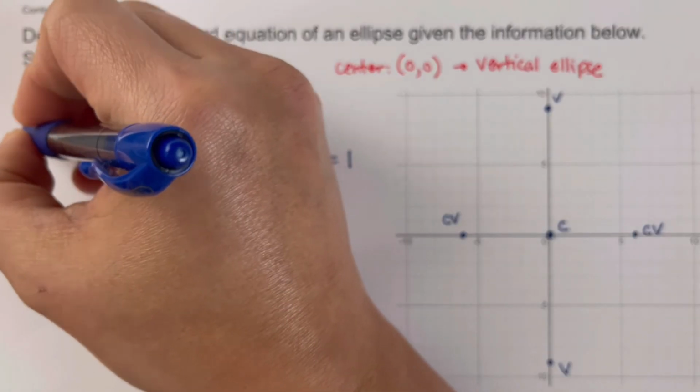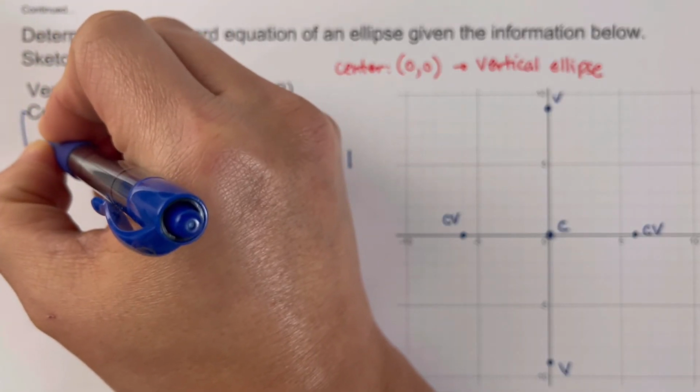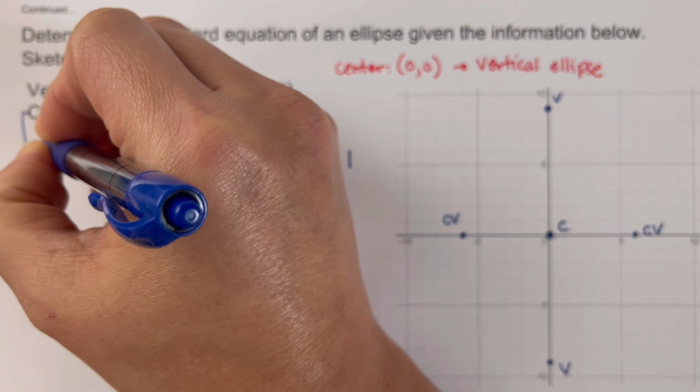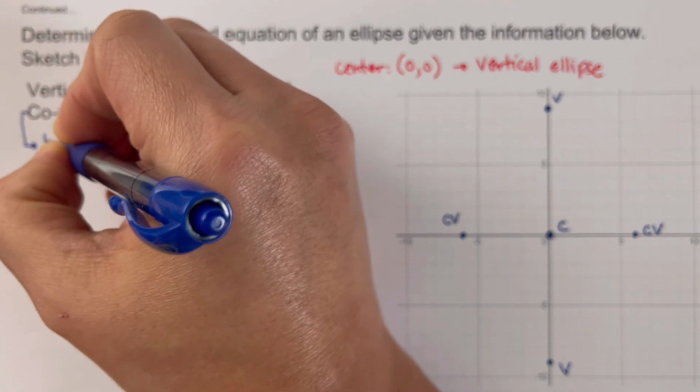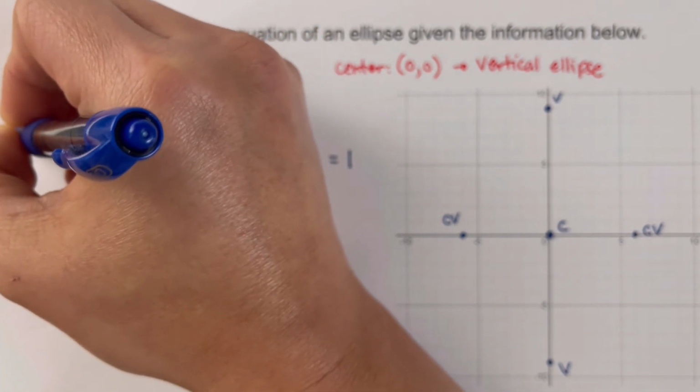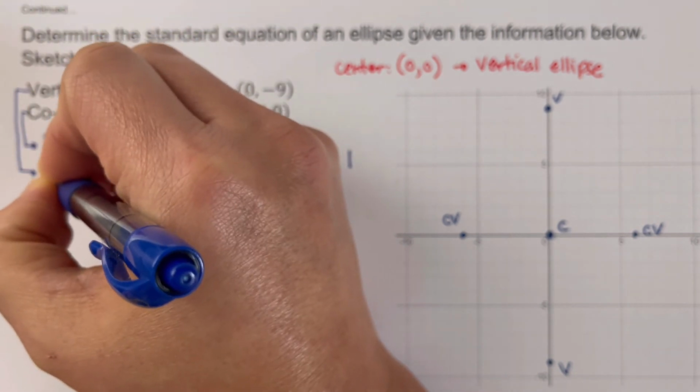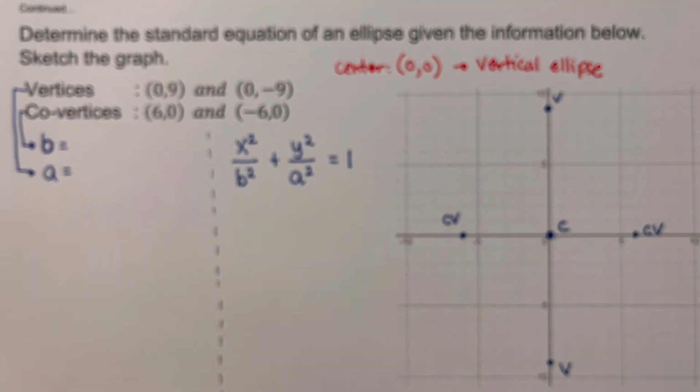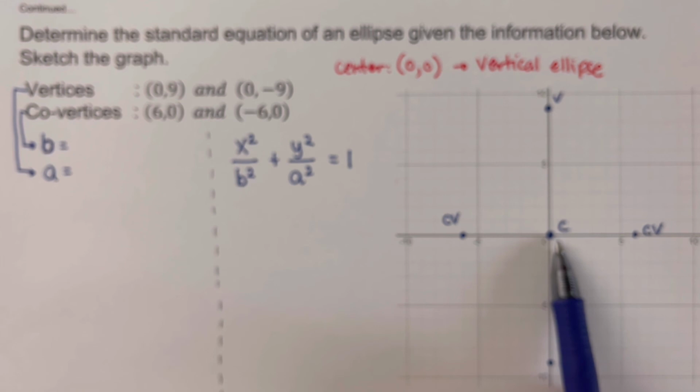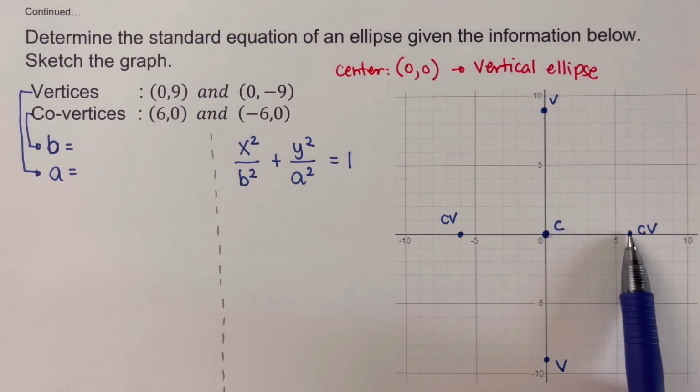So I'm going to go ahead and write that down here. So co-vertex has a distance of B from the center, while the vertex has a distance of A from the center.